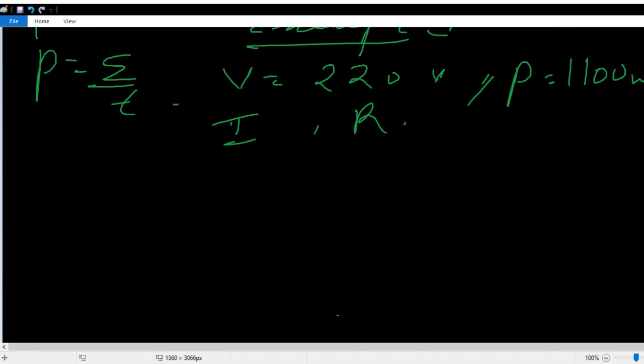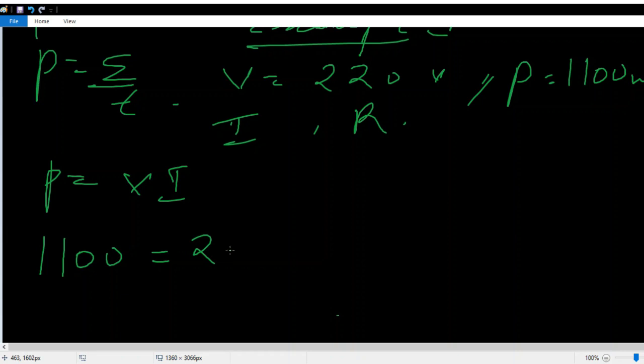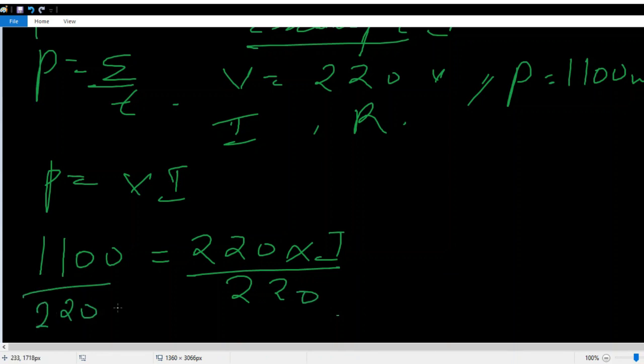For us to calculate current, we know that power is equal to voltage multiplied by current. Power has been given as 1100, which is equal to voltage, given as 220, multiplied by current. So we calculate current by 1100 divided by 220, and that is equal to 5 amps.